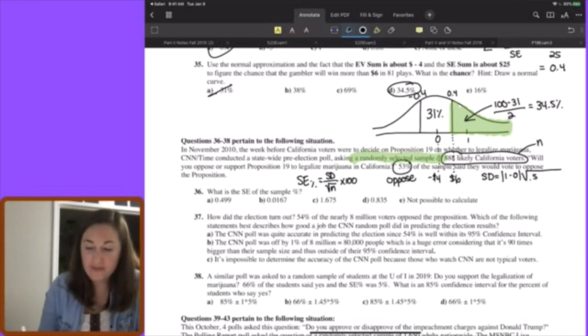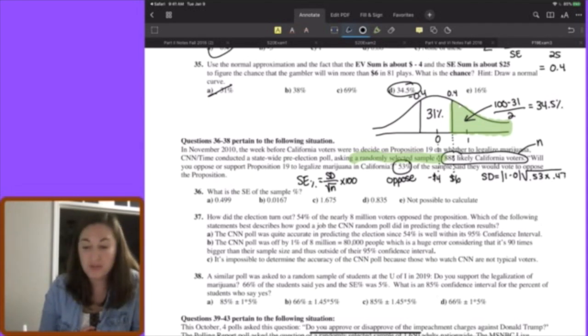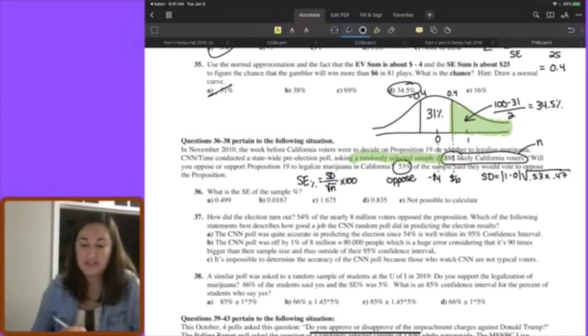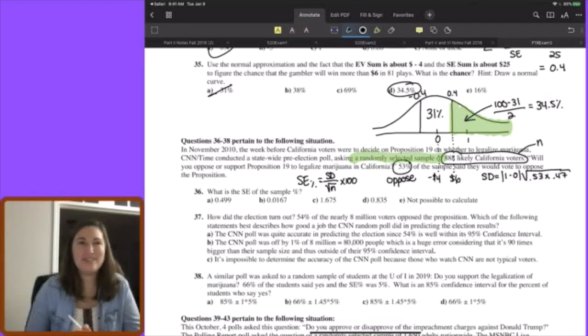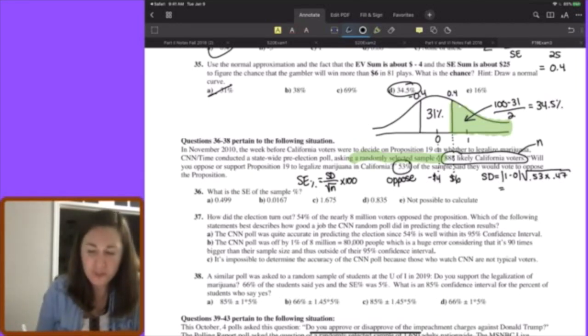So 0.53 times, and then 53% said they would vote to oppose, so 47% must have said yes. We can go ahead and do the calculation like that, and this ends up being really close to 0.5. I think it's 0.499.